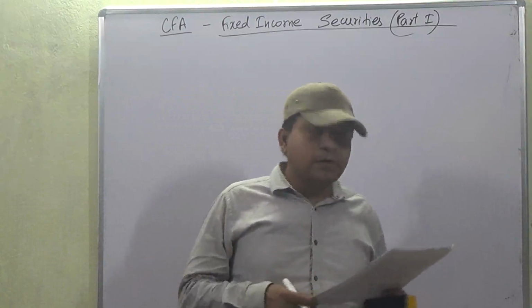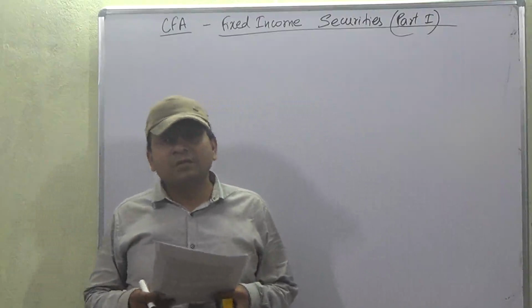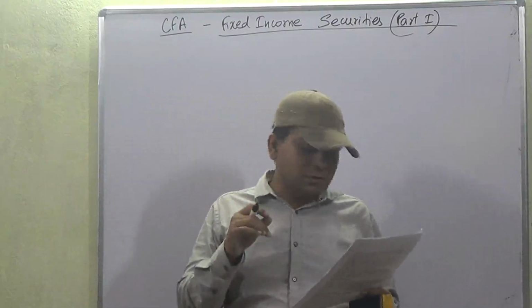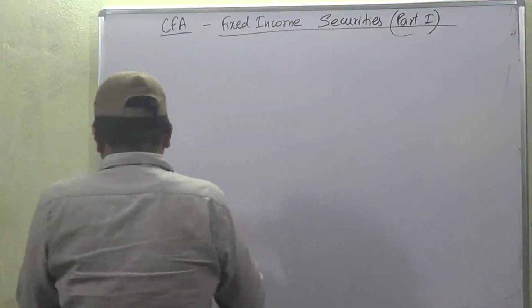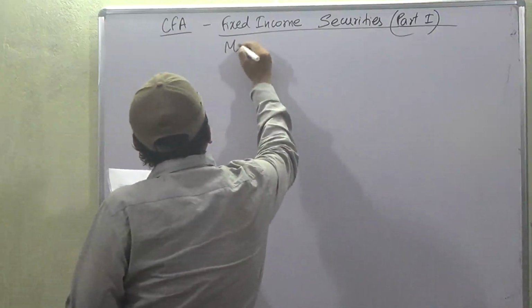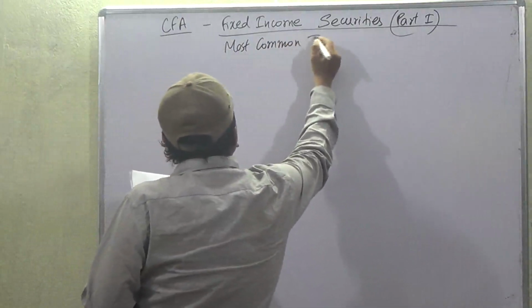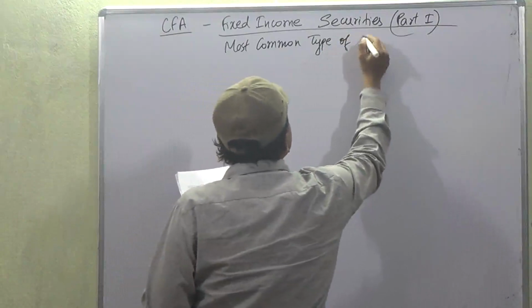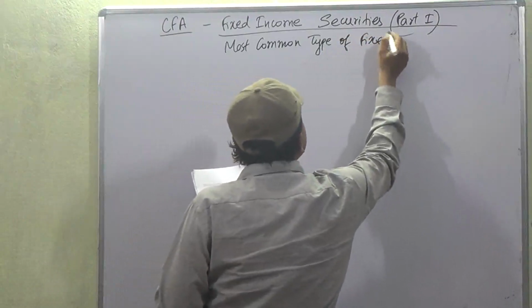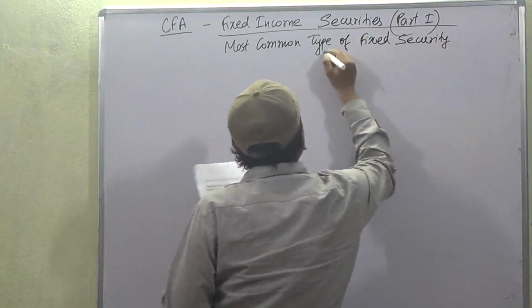So here the most common type of fixed income security is the bond. You could write here: most common type of fixed income security, which is bond.